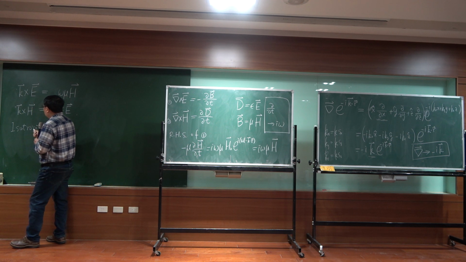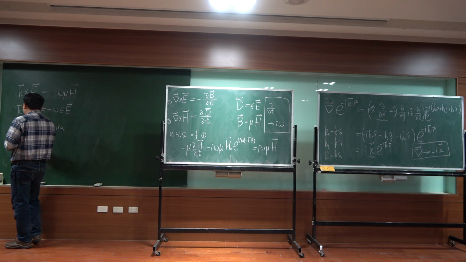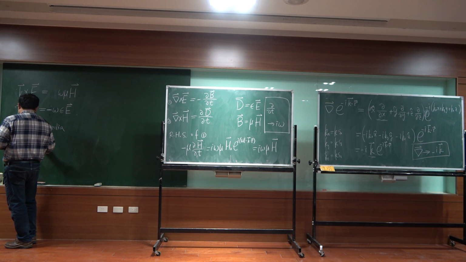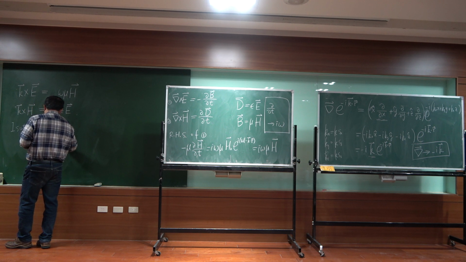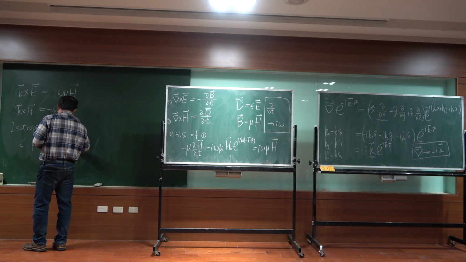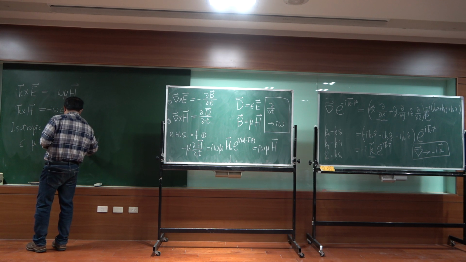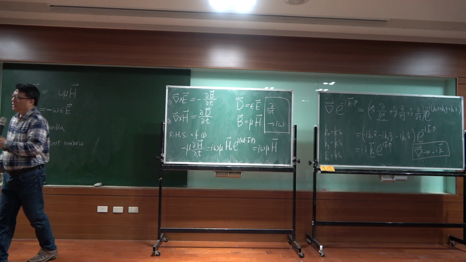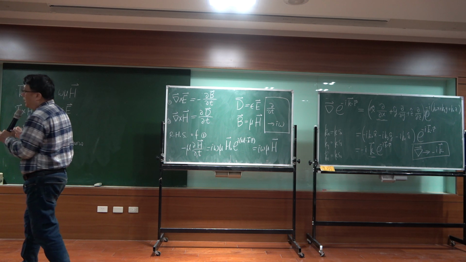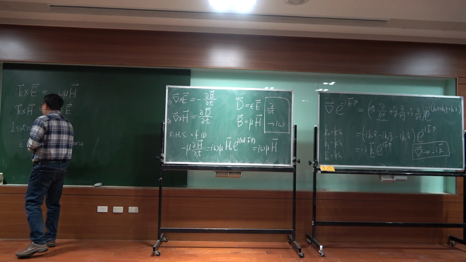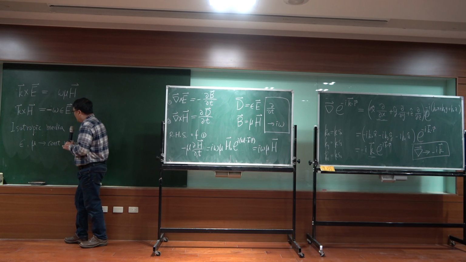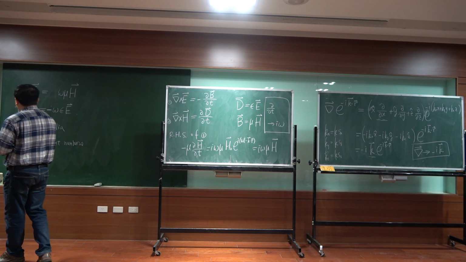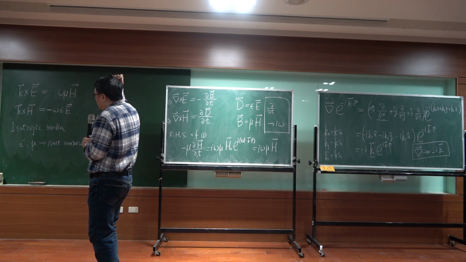So for an isotropic medium, epsilon and mu become two constant numbers. Because if we considered an anisotropic medium, epsilon and mu must be treated as tensors. However, for isotropic media, epsilon and mu reduce to constant numbers, scalars. So we consider this situation.